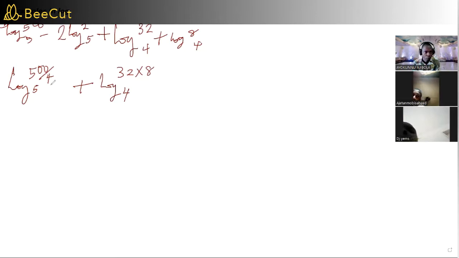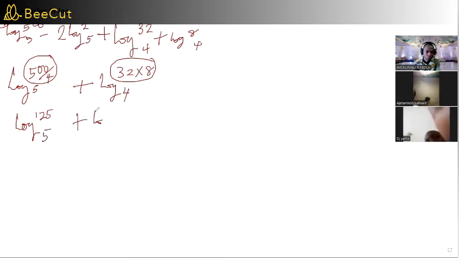Very good. So, what is 500 over 4? Let me take this as an entity and this number as an entity. So, log of this base 5 and log of this base 4. Here now, the bases are not the same, so I can't combine right away. So what I can do is to have log 125 base 5 plus log, what is 32 times 8?